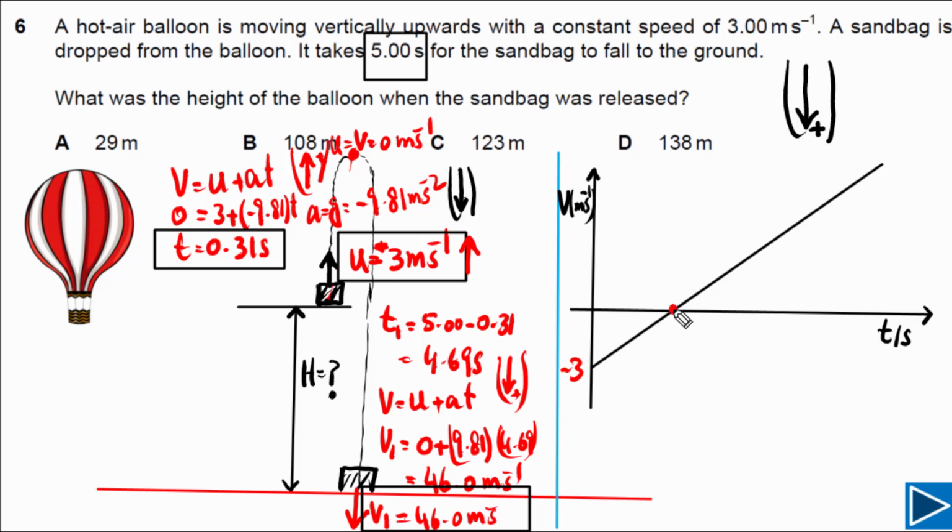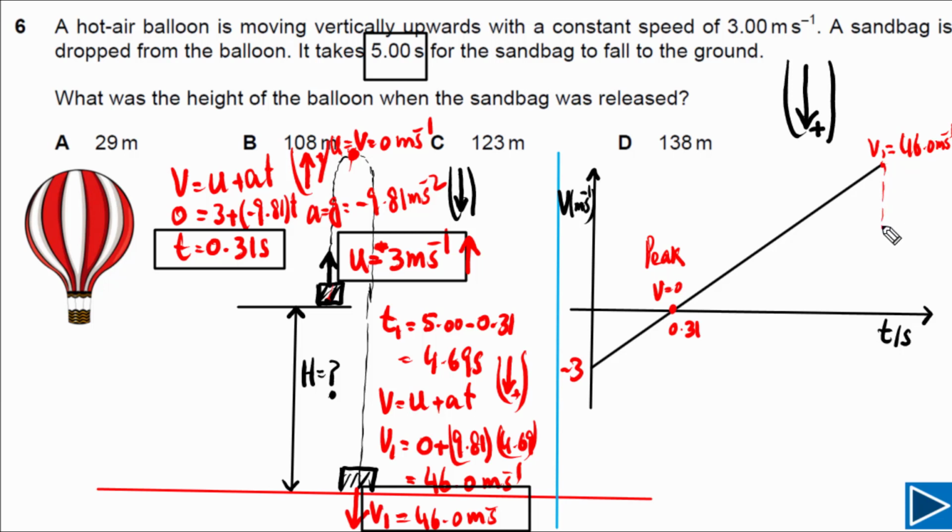And then after time t, at 0.31 seconds, v is equal to 0. This is the peak, so we can label this point. The value of v1 we have at this point, and we can also write it down here, equal to 46.0 meters per second.